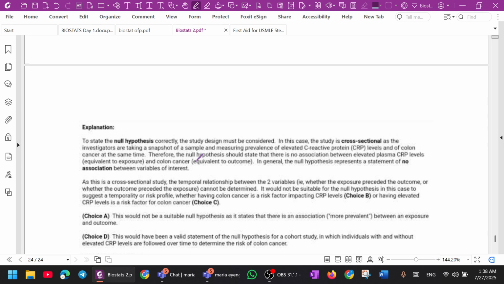Therefore, the null hypothesis should state that there is no association between elevated plasma CRP level and colon cancer. In general, the null hypothesis represents a statement of no association between the variables of interest. As this is a cross-sectional study, the temporal relationship between the two variables, whether the exposure preceded the outcome or whether the outcome preceded the exposure, cannot be determined.